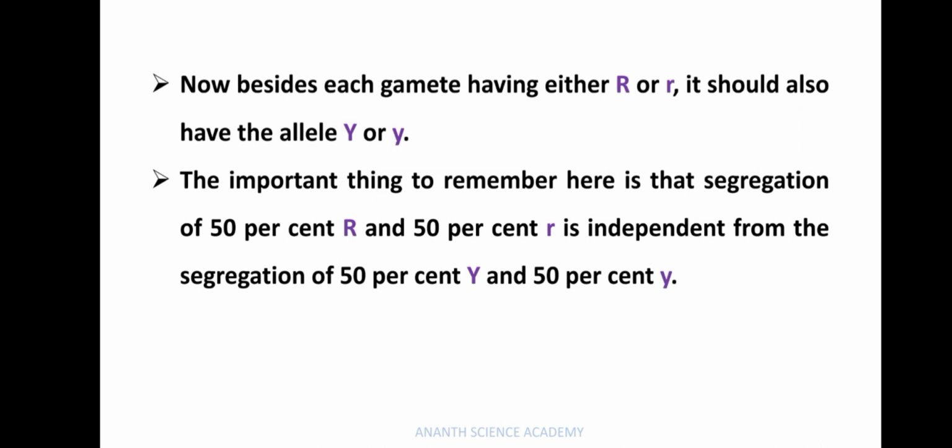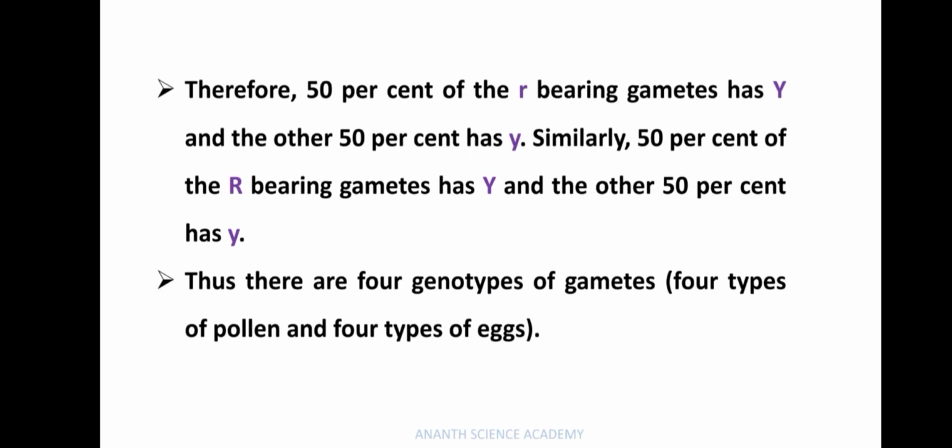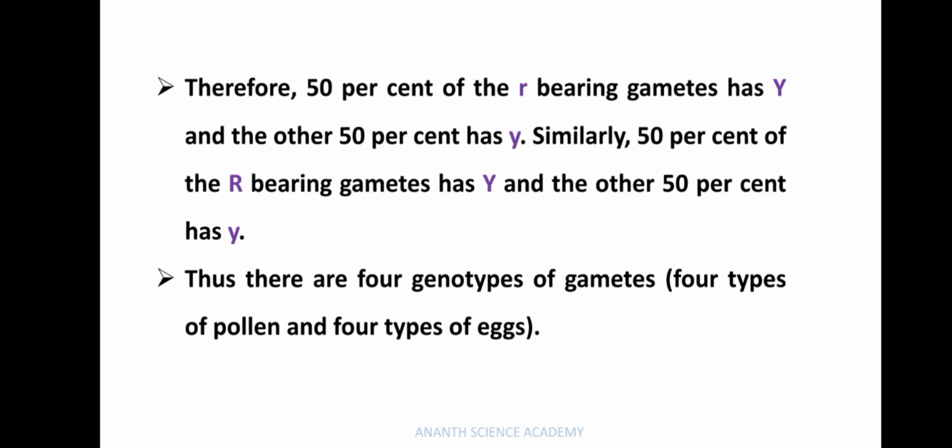The important thing to remember here is that segregation of 50% capital R and 50% small r is independent from the segregation of 50% capital Y and 50% small y. Therefore, 50% of the small r bearing gametes has capital Y and the other 50% has small y. Similarly, 50% of the capital R bearing gametes has capital Y and the other 50% has small y.